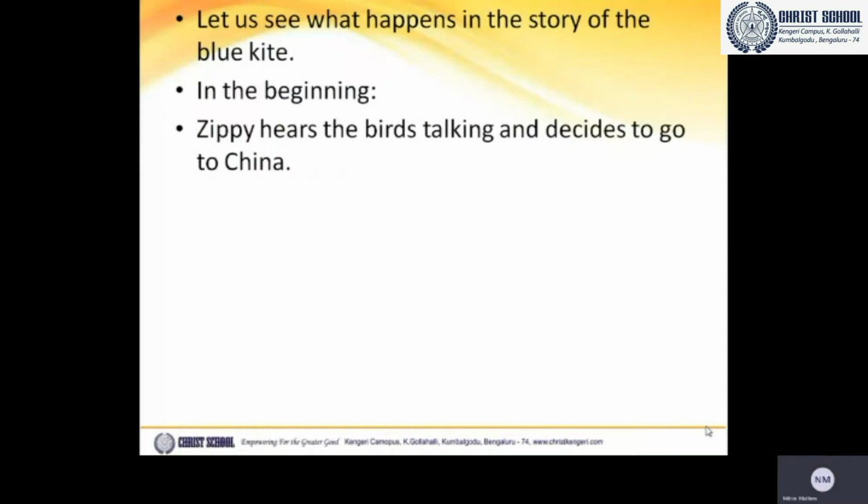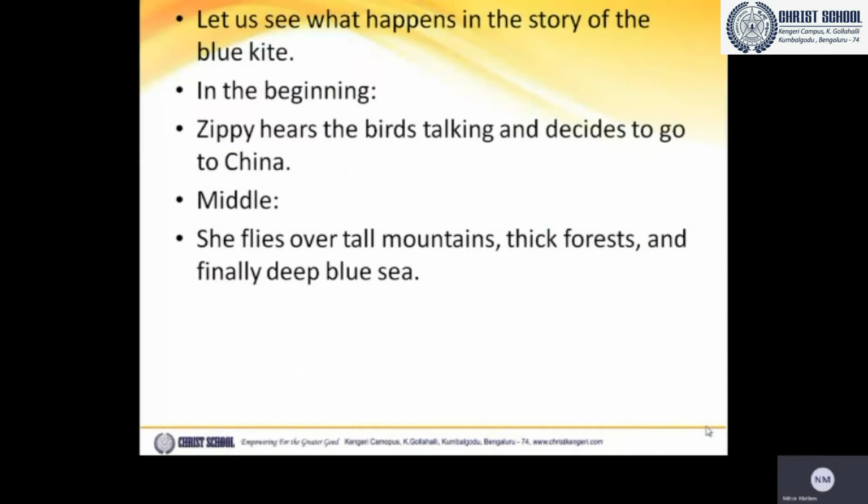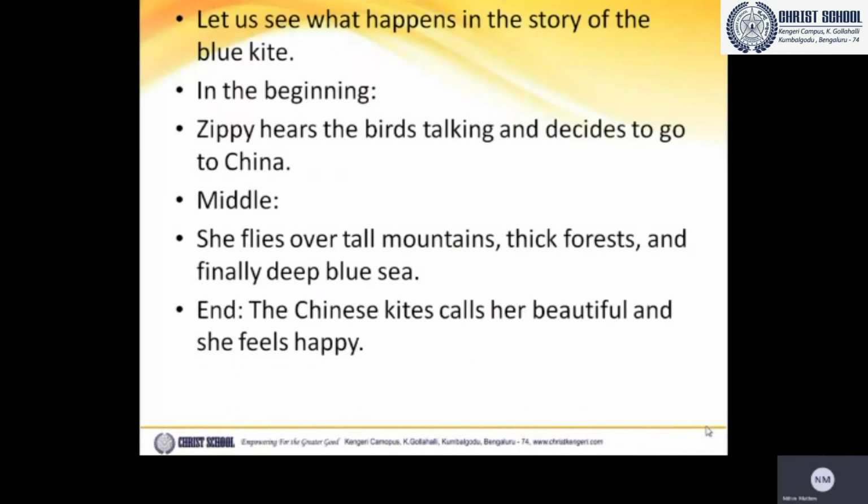And in the middle we saw that she flies over tall mountains, thick forests, and finally the deep blue sea. And at the end of the story, the Chinese kites call her beautiful and she feels happy. She feels proud of herself, right? So this is what is happening in the story of the Blue Kite, right?